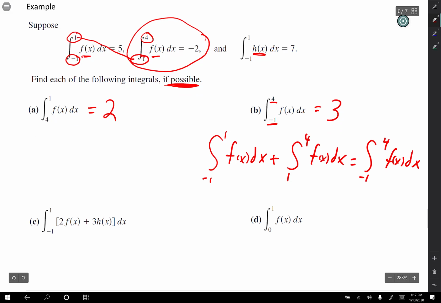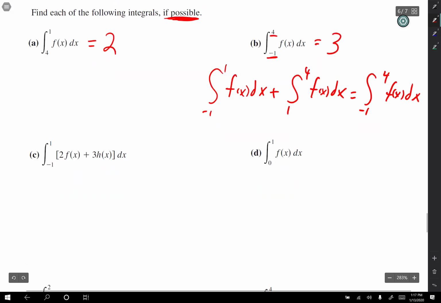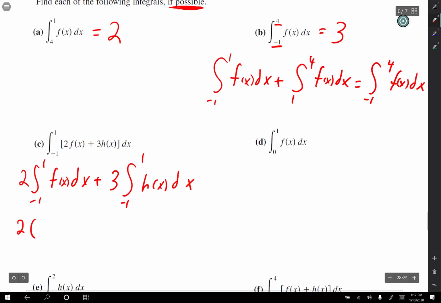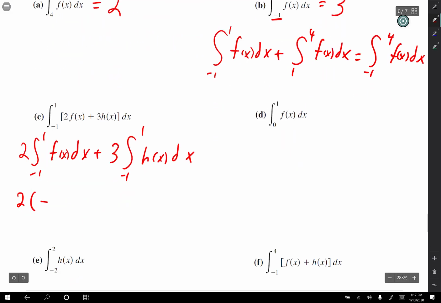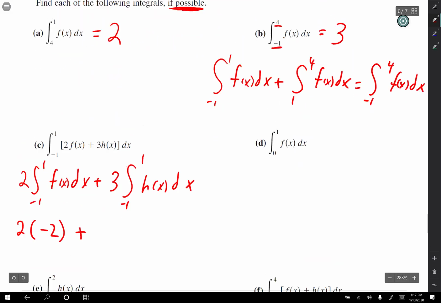Next one. Let's see if we have enough information. -1 to 1 of f of x, yes. And -1 to 1 of h of x, yes. We have enough information. There's a 3 in the front. That's fine. So let's write this one out. 2 integral -1 to 1 of f of x dx, plus 3 integral -1 to 1 of h of x dx. 2 times -1 to 1 of f of x is what? -2, wasn't it?